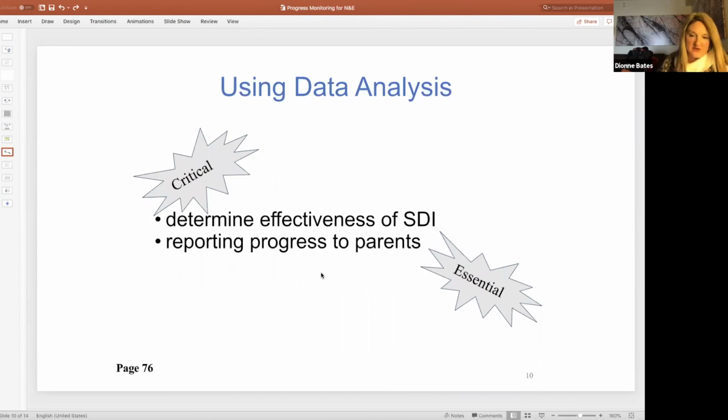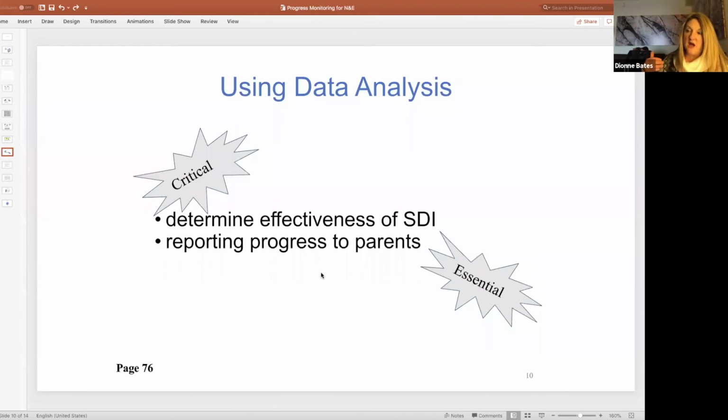So if they maybe don't understand all of the context of SDI or all of the instructional strategies, or we use a lot of technical terms, this gives them a visual support to say, okay, is my child making progress? And if not, then what can we do? Because they can be involved in that process.